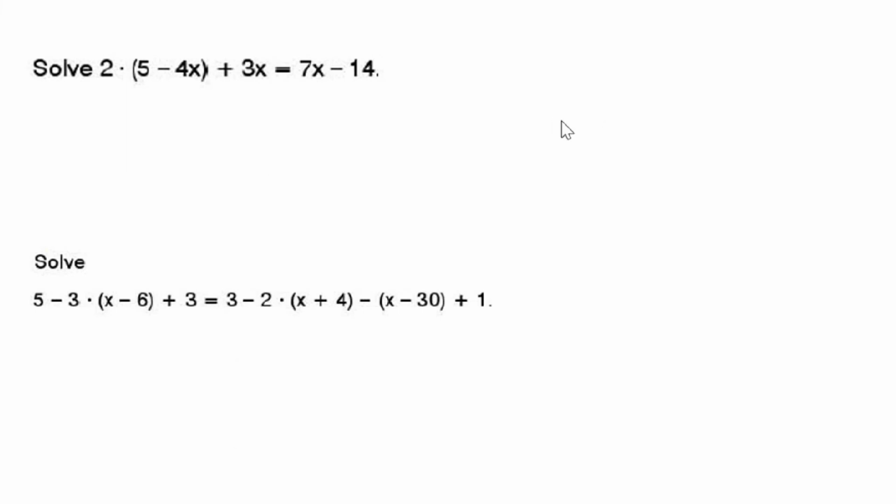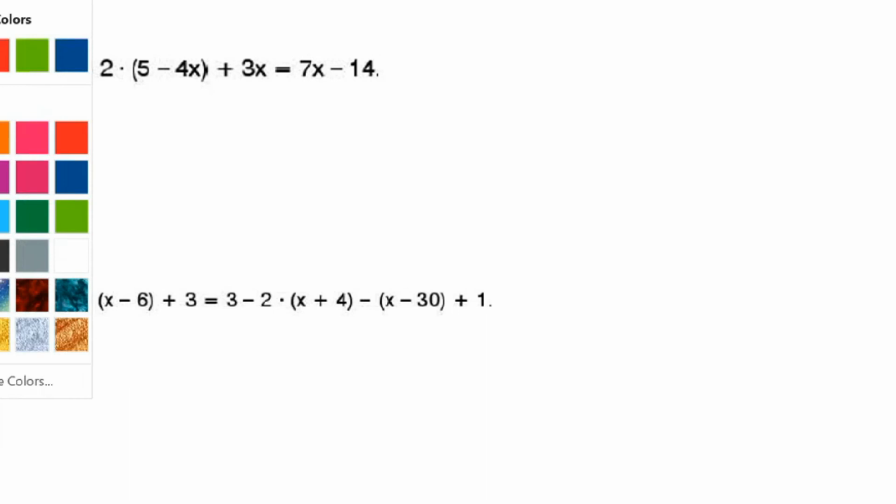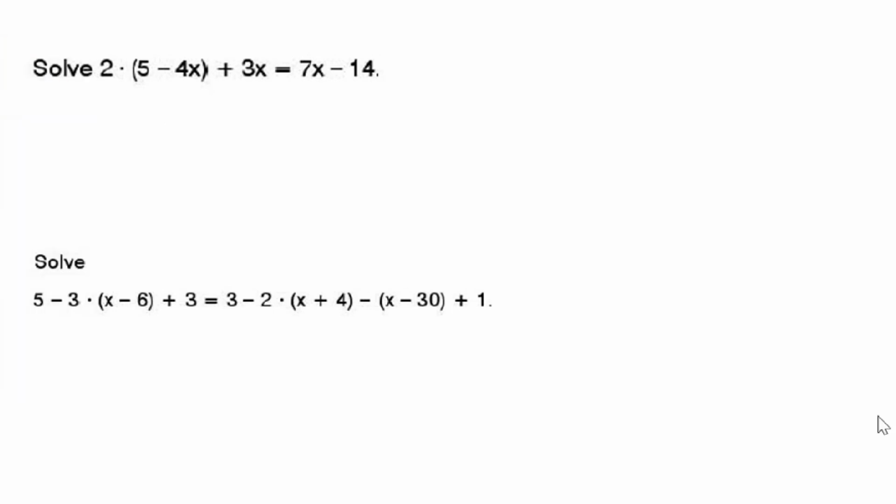Okay, next we have here. In this example, we're going to use the distributive property on the first term. So I have now 2 times 5 equals 10. 2 times negative 4x is negative 8x plus 3x equals 7x minus 14.